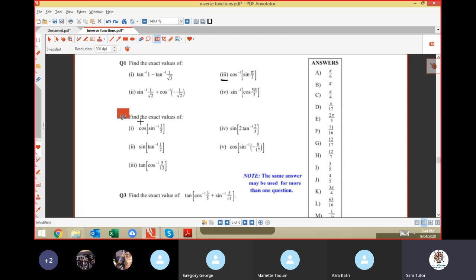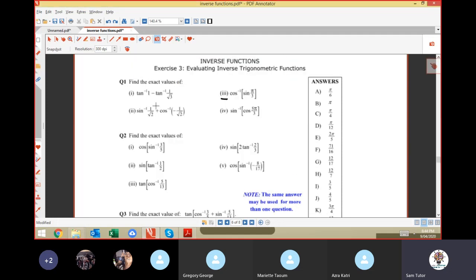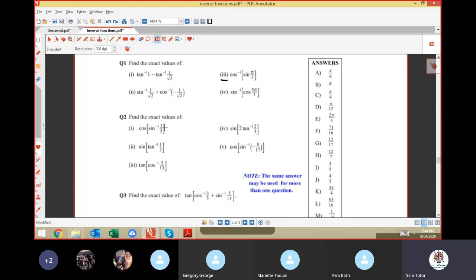The cases I was trying to talk about were these ones here. All of question 1 can just be done on the calculator. It's question 2 that can't. You're not going to get full marks for just subbing into your calculator.